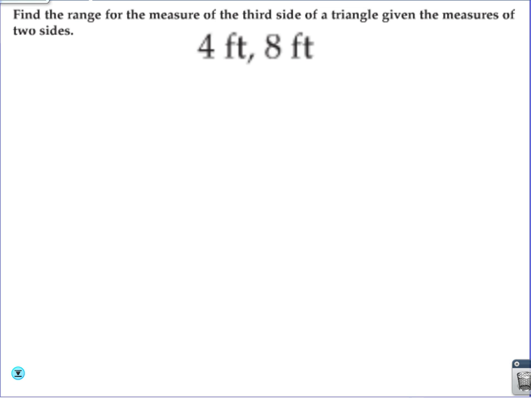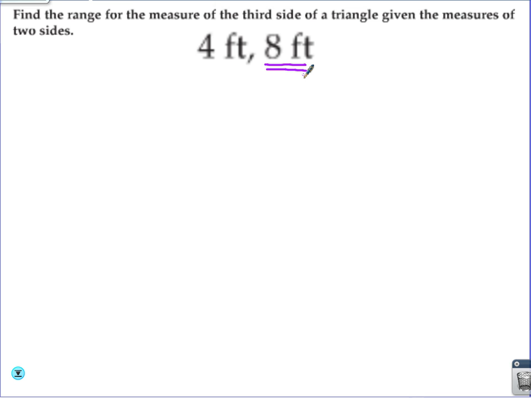Okay, the next set of problems is they say, what does the third side need to be? What if the other two sides are 4 and 8? What does the third side, it could be anywhere from where to where? Okay, let's try this. You've got two scenarios. Is 8 foot the longest side of this triangle? No. It could be. It might not be.